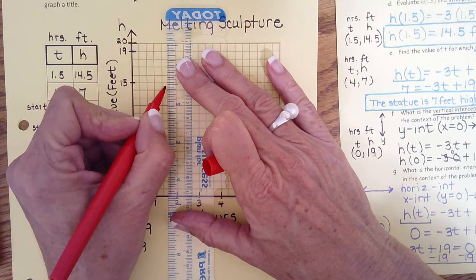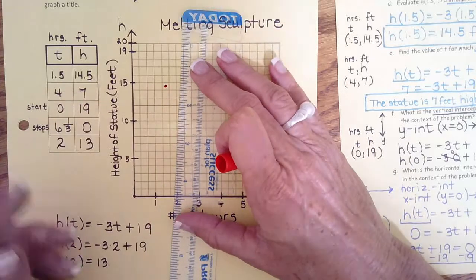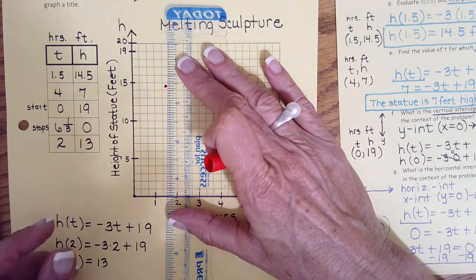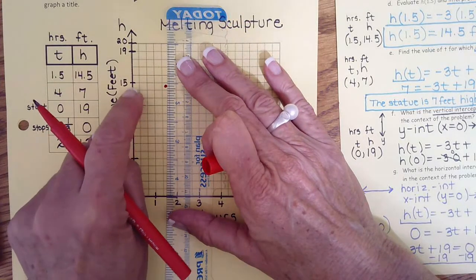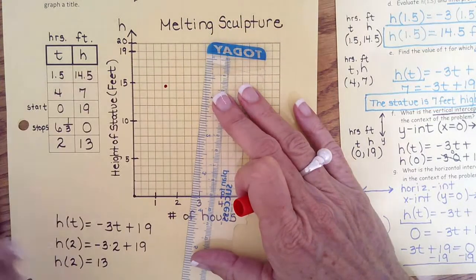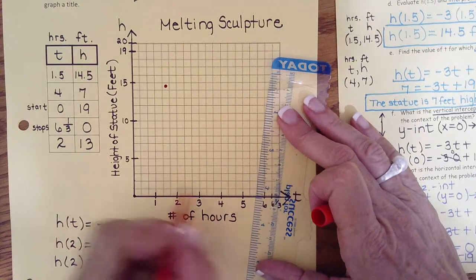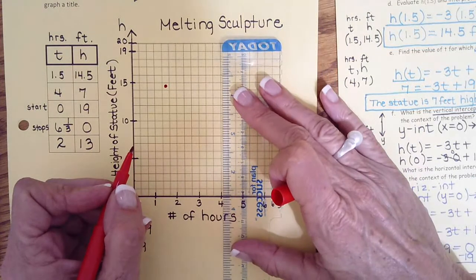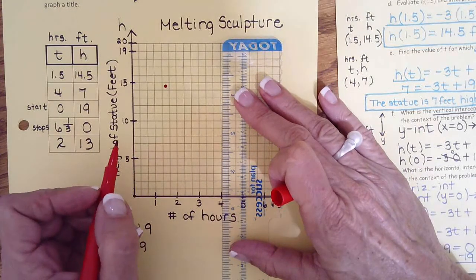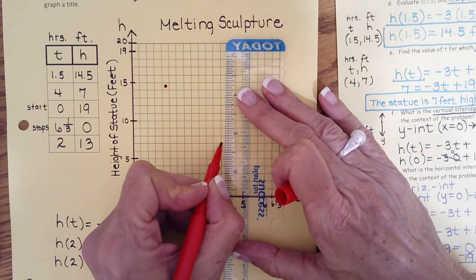So we have to be in the middle. So does that look like middle? So it's 1.5, and here's 14, so it's 14.5. And then we have 4 goes with 7. So 7, I'm going to use this again. This is kind of handy. So 4 goes with 7, which would be right there.